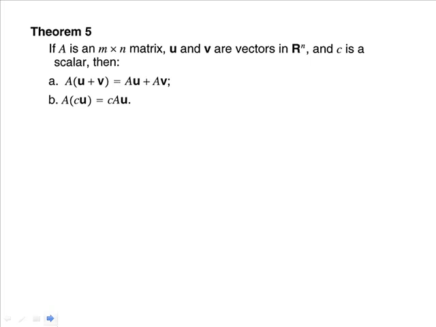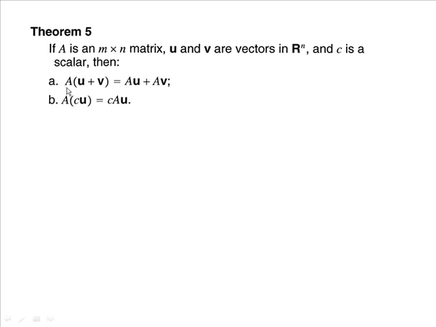Theorem 5: if A is an m by n matrix, and U and V are vectors in Rn, meaning they have n entries, and C is a scalar, then the following properties are true.